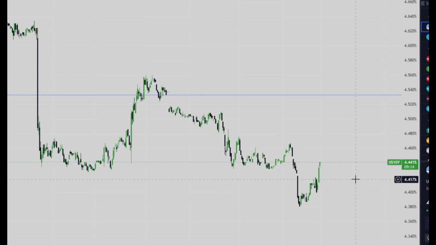That's how you get burned. That's how you try and force setups that aren't actually there, but you're convincing yourself they are there. And like I said, you will get burned.